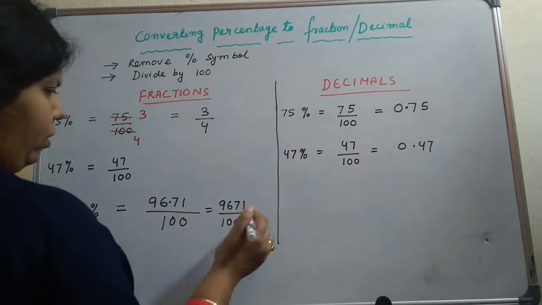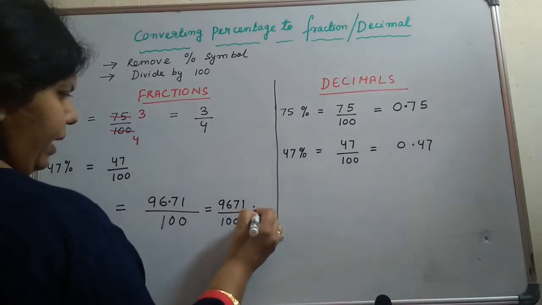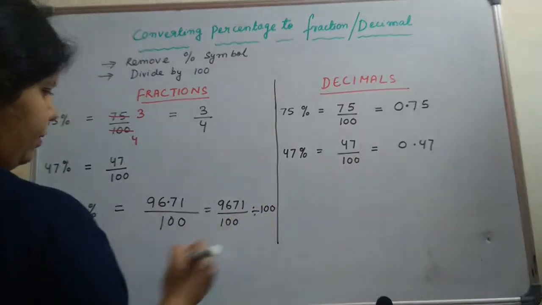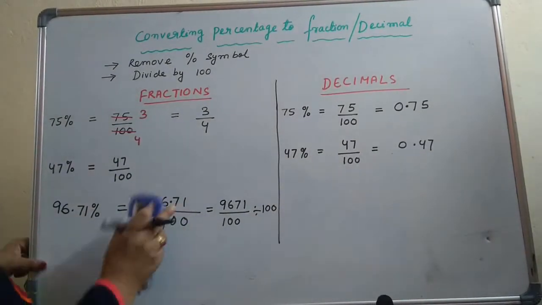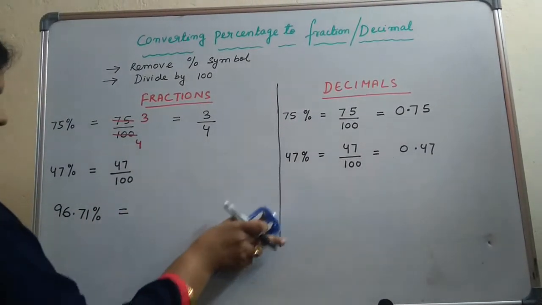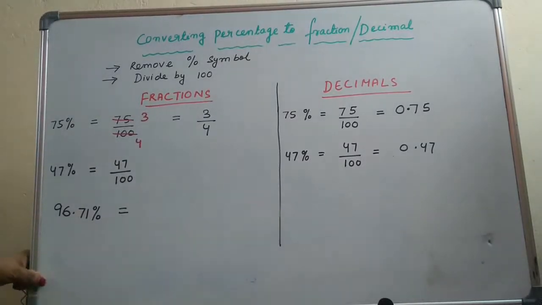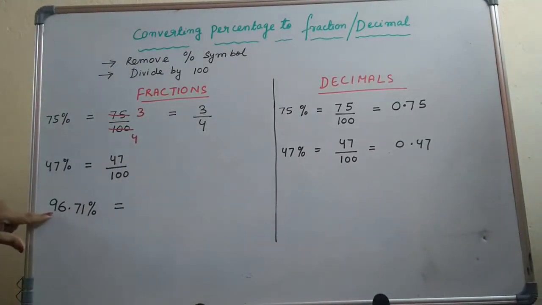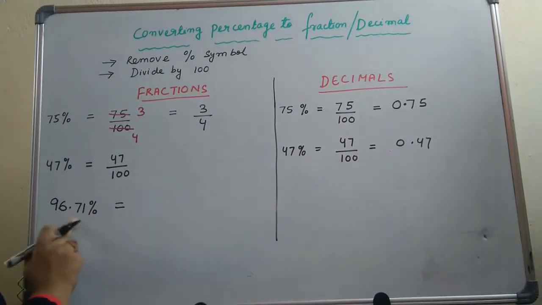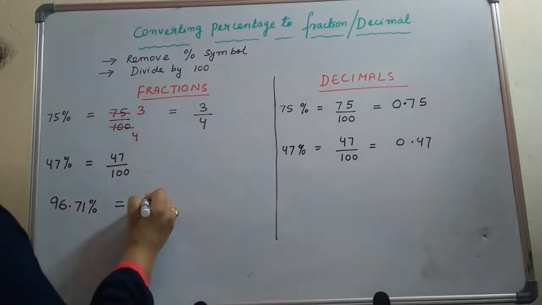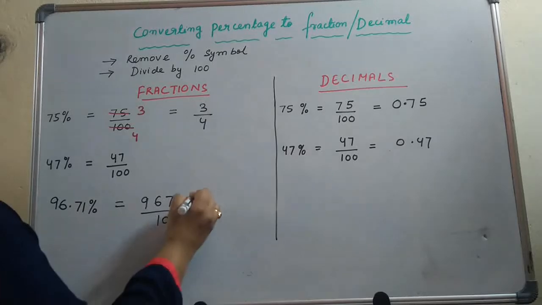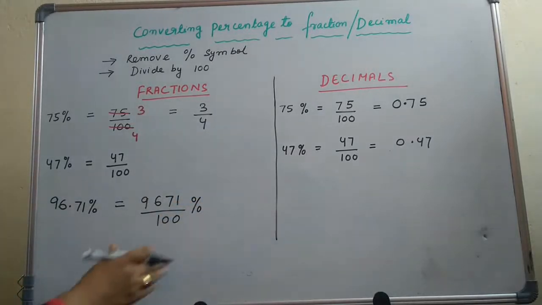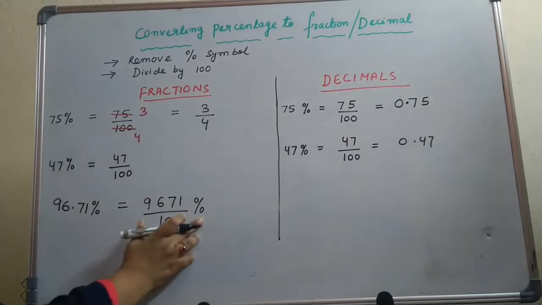For that you have to divide it by 100, or let me tell you one more way. You first convert this 96.71 into a fraction. So it will become 9671 by 100%. So you already got the fractional form, with the percent sign still there.